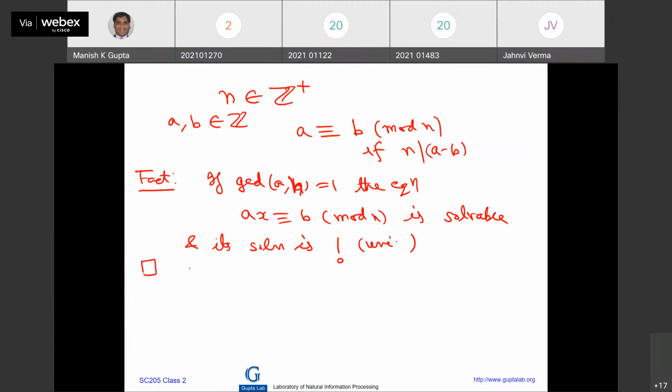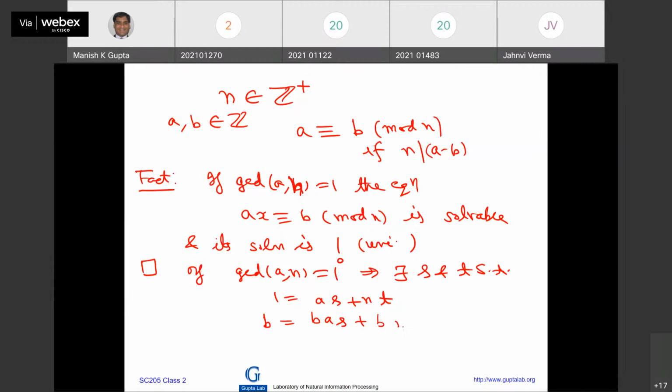Okay, so the proof is very simple. If GCD of A and n is 1, this implies that there exist S and T such that 1 is equal to AS plus nT. Correct? We just saw this fact: if GCD of A and n is 1, there exist integers S and T such that this linear combination is equal to 1. Multiply both sides by B. So B is equal to BAS plus BnT.